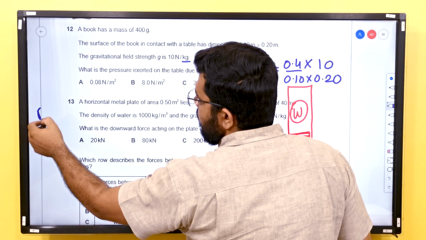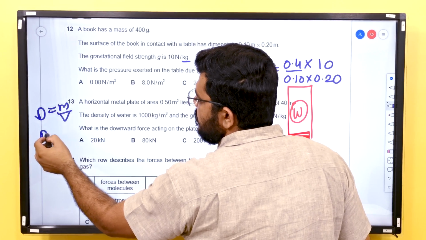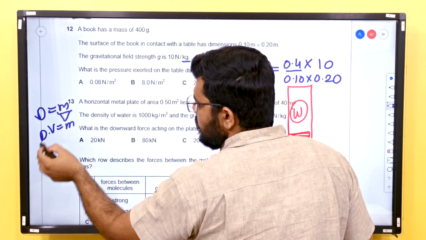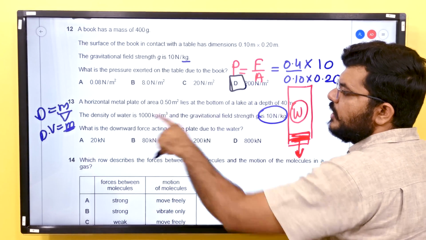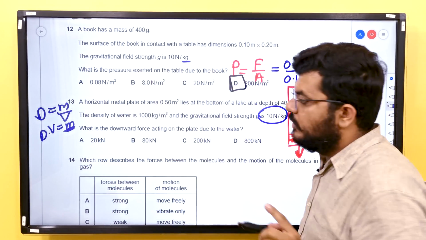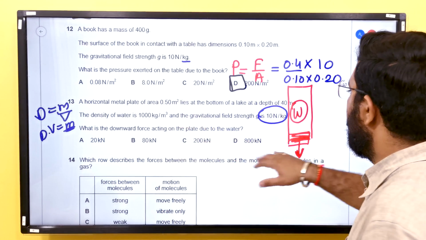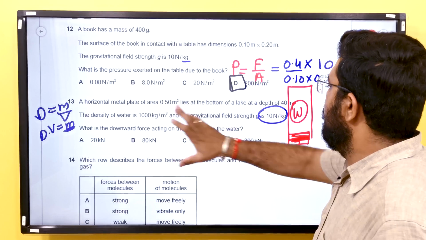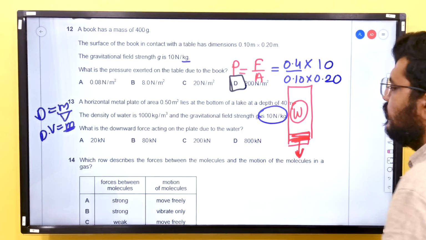From the formula density is equal to mass upon volume, I can write density into volume is equal to mass, and we will multiply this gravitational field strength with mass just like we did in question 12, and we can find the weight, and then we already have the area, right? Okay, we don't even need pressure, we just need force.